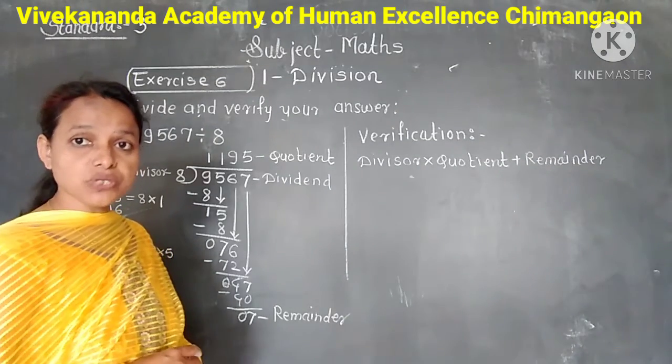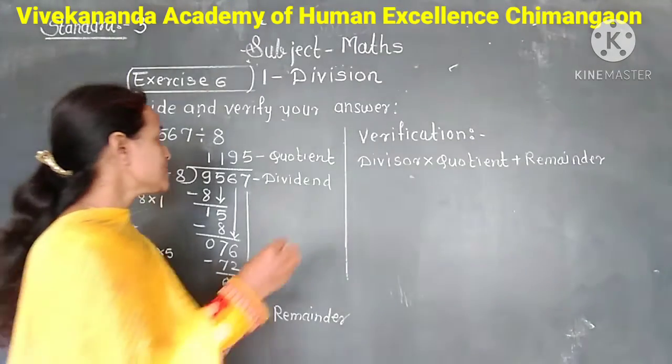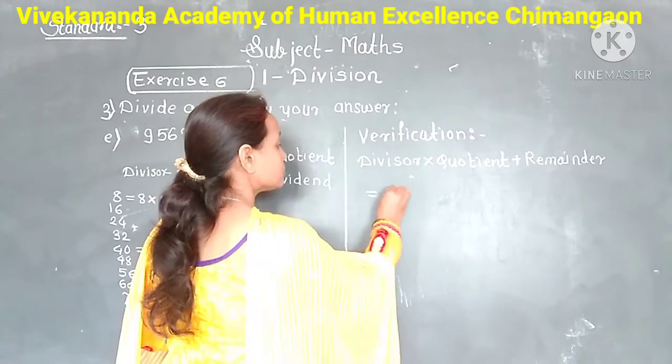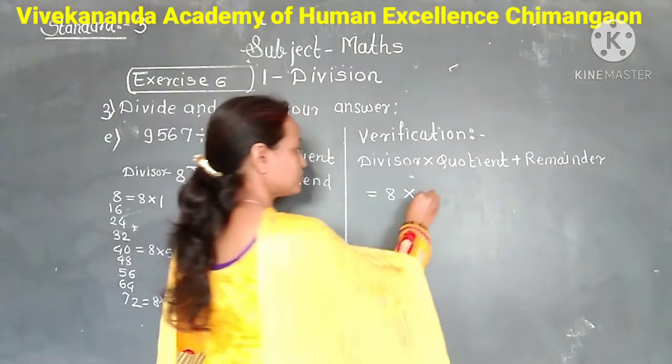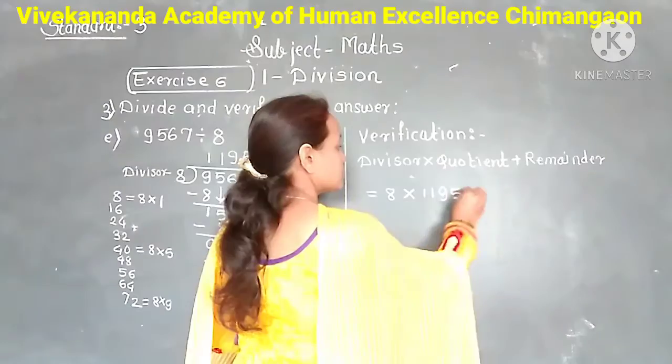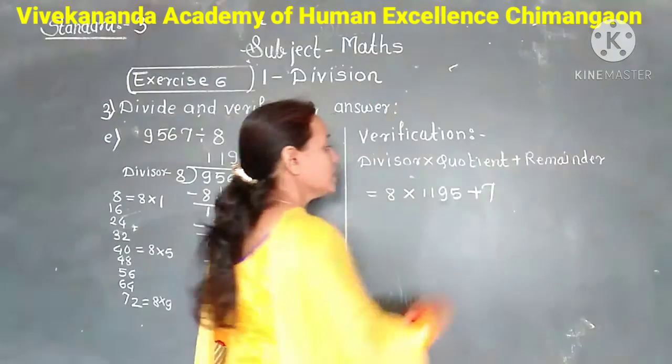Now by using these values we verify our answer. Divisor 8, quotient 1195 and remainder is 7.